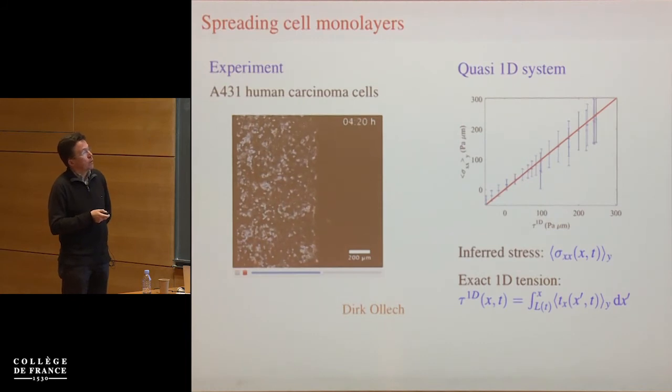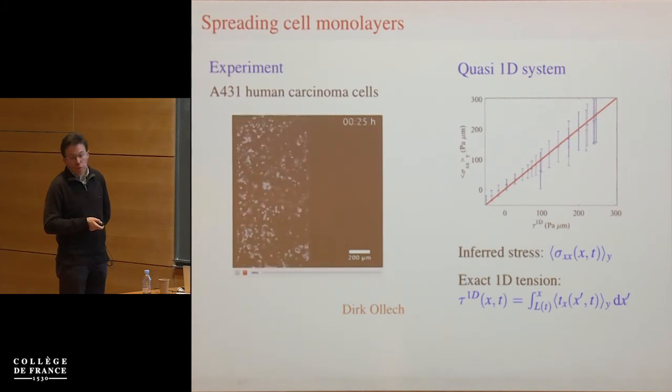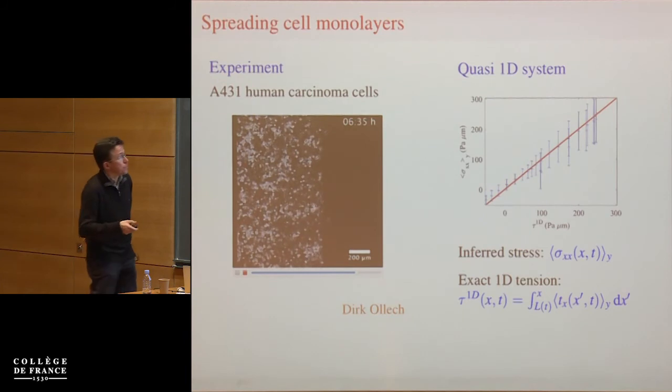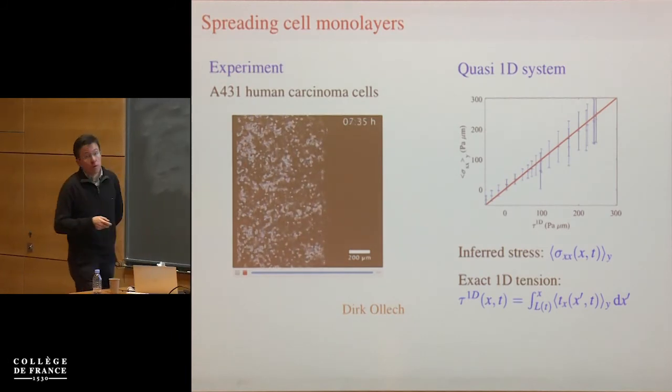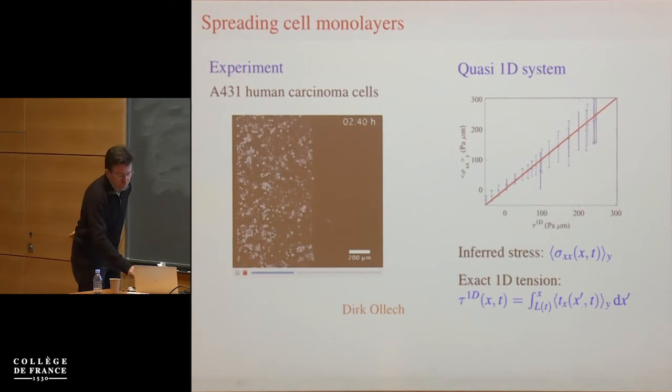Indeed, I am comparing here to the exact 1D tension, which is obtained by integration from the free boundary towards the bulk of the tissue of the X component of the stress, with the corresponding quantity obtained by Bayesian inversion, averaging again against Y. And as you can see, we have very good agreement between the two, which shows that the method is robust also against variations of the boundary conditions.